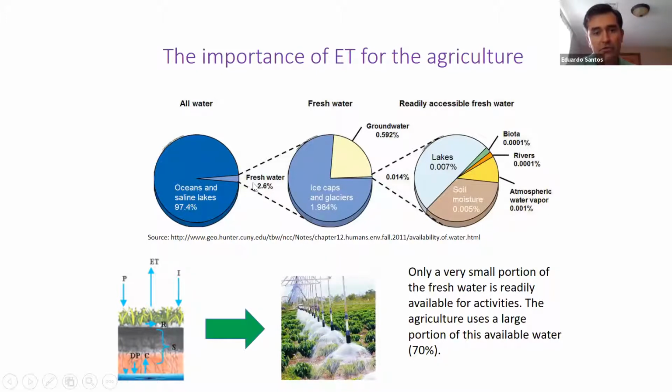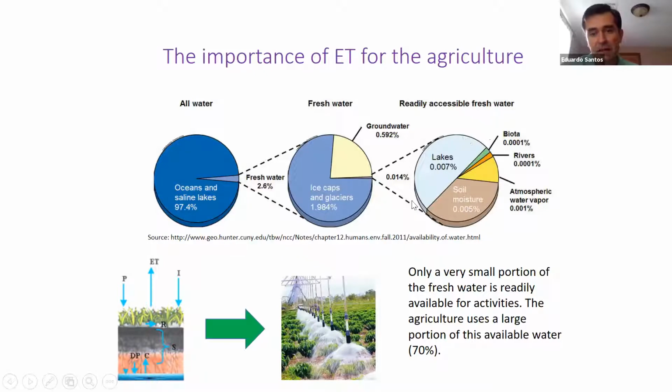You have about 2.6% of fresh water available, but most of this fresh water is actually frozen. Another large proportion is groundwater, and you have a tiny proportion that's readily accessible fresh water, like surface water in streams.